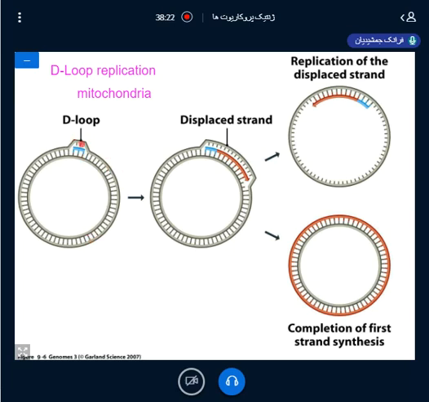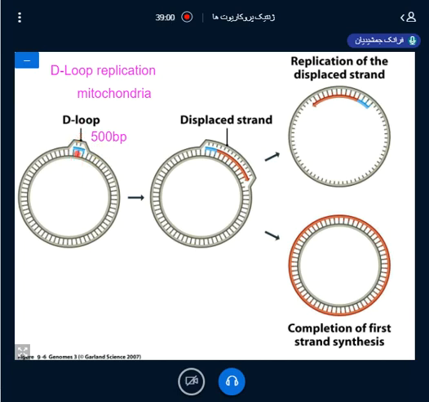At first, in one part, in about 500 base pair, the DNA separates. You can see this blue and primer synthesize. So at first, in one part, about 500 base pairs, two strands of DNA separate.